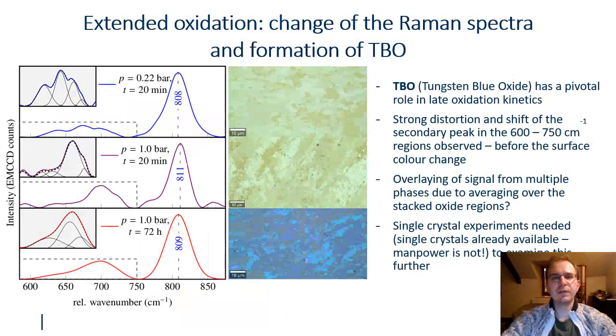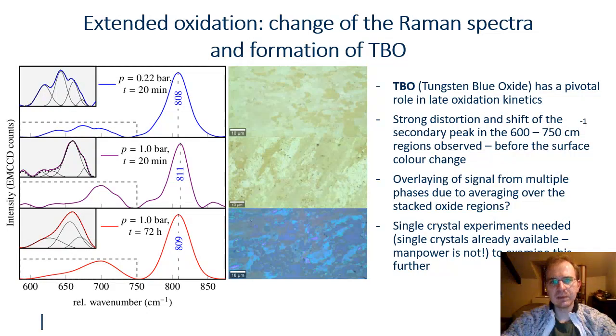We've been able to acquire a large number of spectra from the oxidized regions of the samples after extended oxidation. And after averaging over millions of such spectra, we were able to present a statistically significant sample of the Raman spectra.